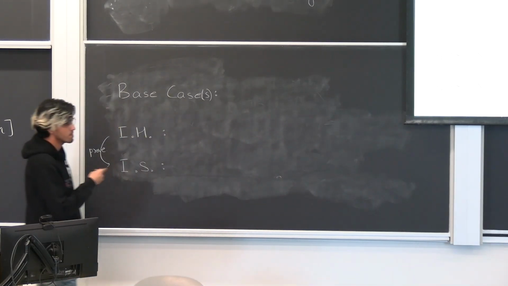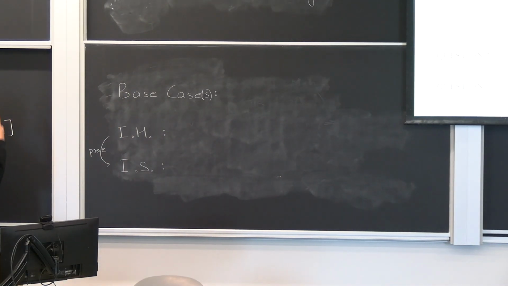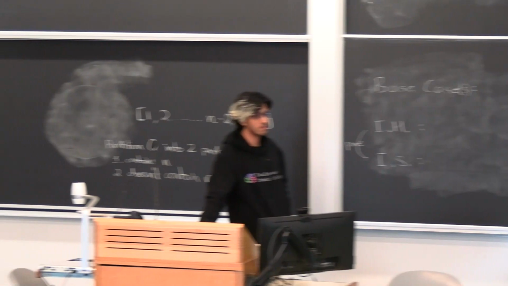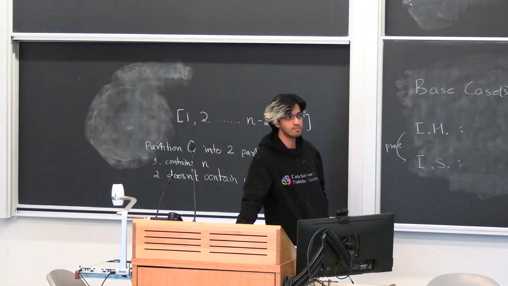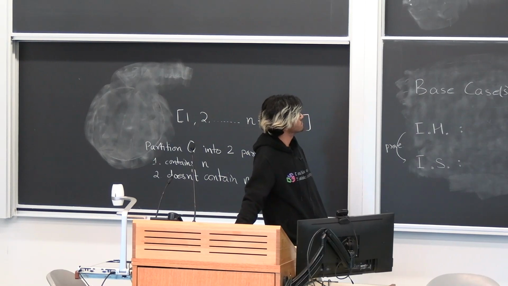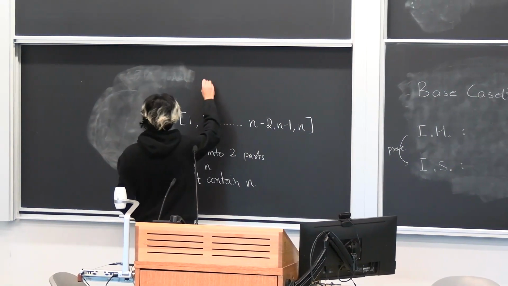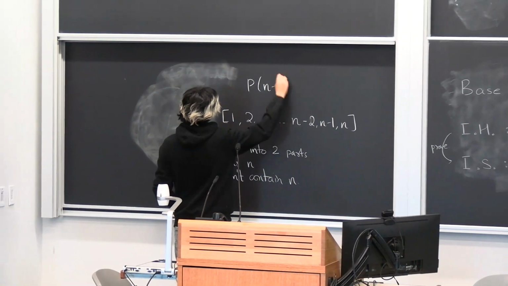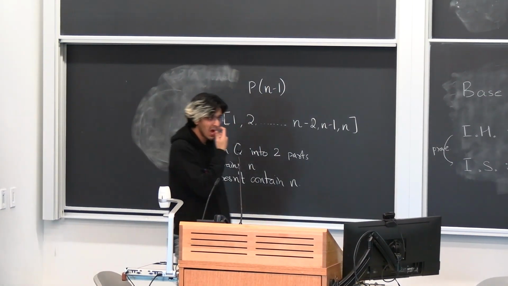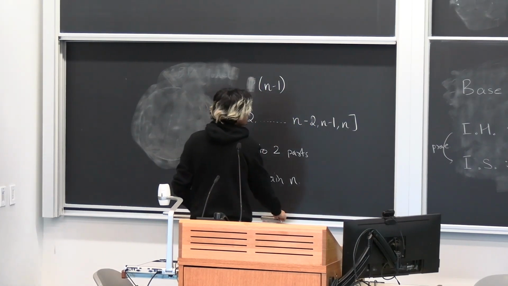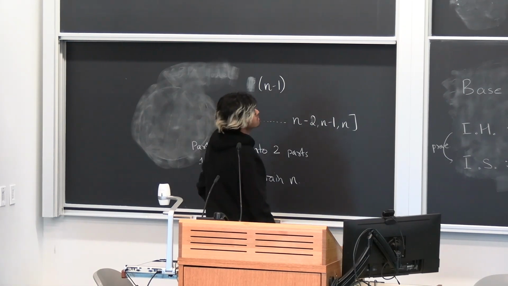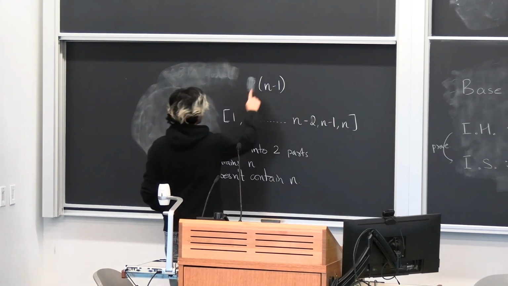So has anyone been able to find the relationship between P of n and other values? Any guesses? What is P of n minus 1? Let's not worry about P of n minus 1. What's F of n minus 1?